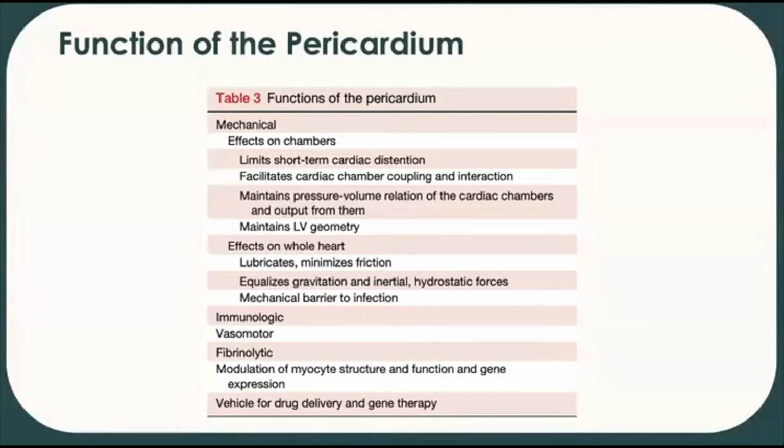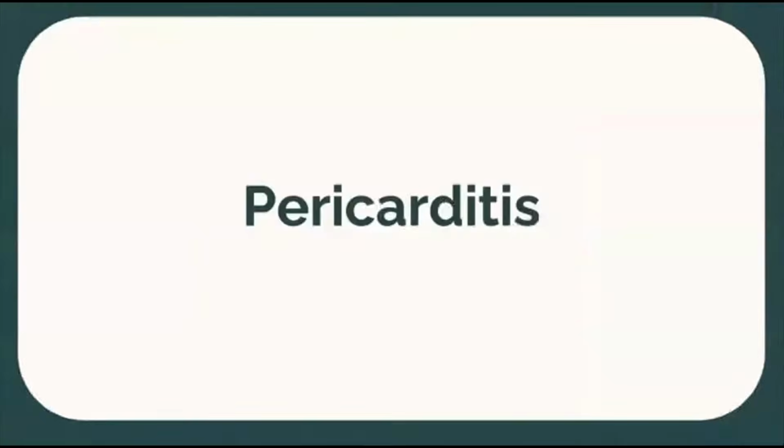As you can imagine, the RA and the RV are more subject to the influence of changes in the pericardial pressure than the LV, which is more thick-walled, which we'll touch on a lot throughout the presentation. And then it also works as an anti-inflammatory, fibrinolytic, has paracrine function, antigen presentation to the immune system, and so on. And then we will come back to the physiology of the pericardium in future slides.